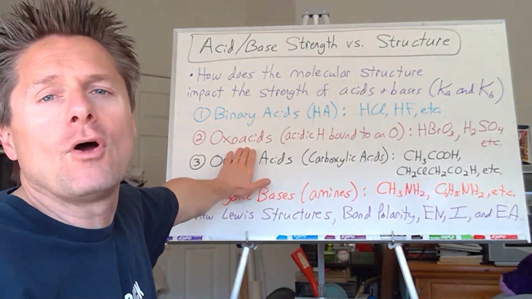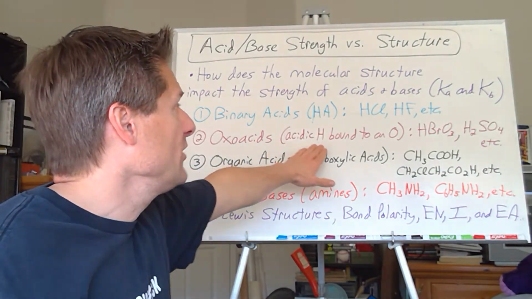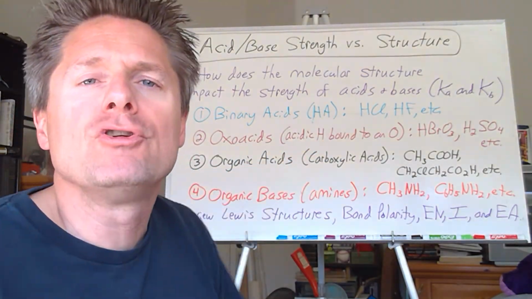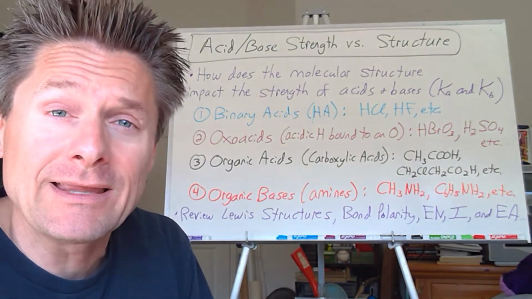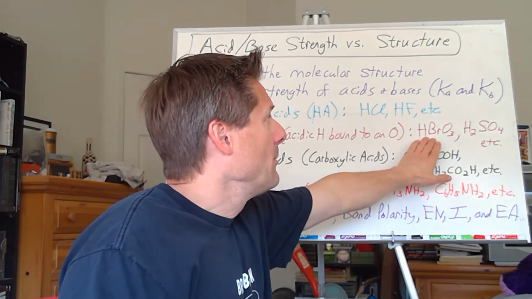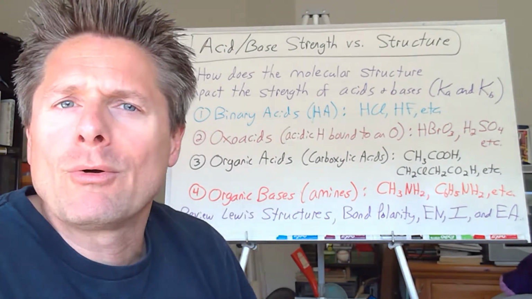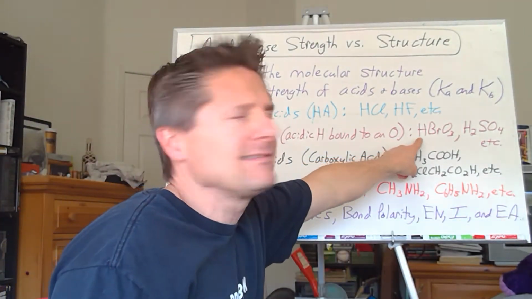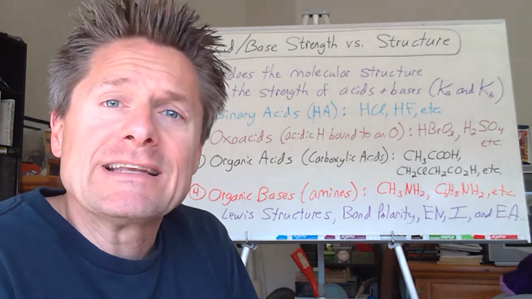We're going to look at oxoacids. I've seen those called oxyacids as well. Those are ones where the acidic hydrogen is bound to an oxygen atom, even though we as general chemists tend to write them incorrectly because we like the acidic hydrogen out front. So things like bromic acid, sulfuric acid, nitric acid, perchloric acid, all of those where the acidic hydrogen is bound to an oxygen atom on a polyatomic ion.